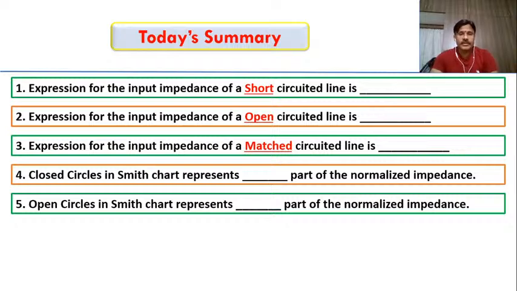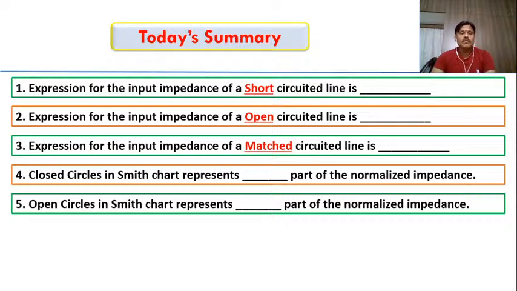And the expression for the input impedance of an open circuited line is minus j Z0 cot beta L. So the first one is j Z0 tan beta L and the second one is minus j Z0 cot beta L. Next, the third one, the expression for the input impedance of a matched line: Zm equals Z0 is the answer. Next, the fourth one, closed circles in the Smith chart represent what part? Closed circles, meaning complete circles, represent the real part. So real is the answer.